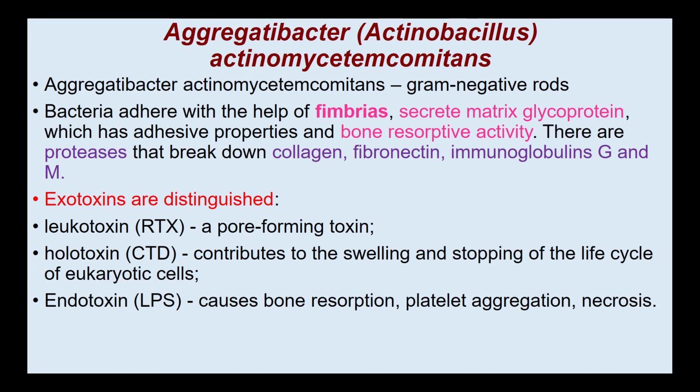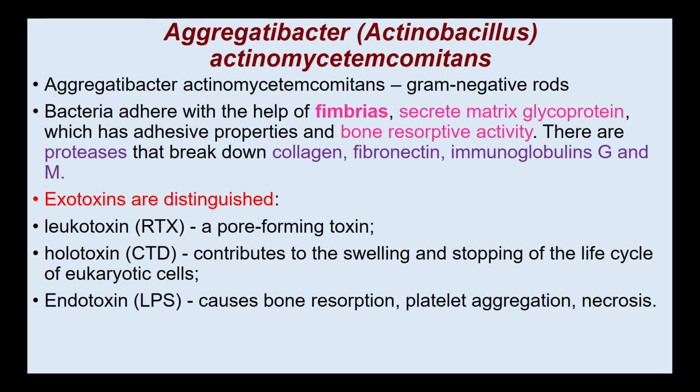That is why it is named actinomycetemcomitans. It is a gram-negative rod. Among its virulence factors we can name fimbriae, which help adhesion, matrix glycoproteins, which also play the role of adhesive proteins, and we can also describe bone resorptive activity.